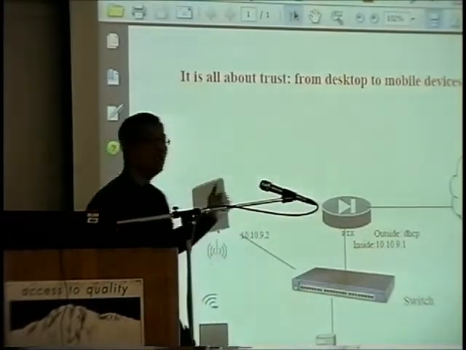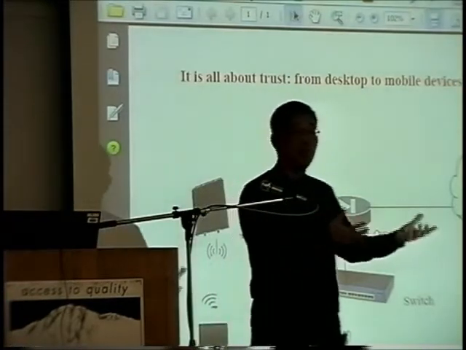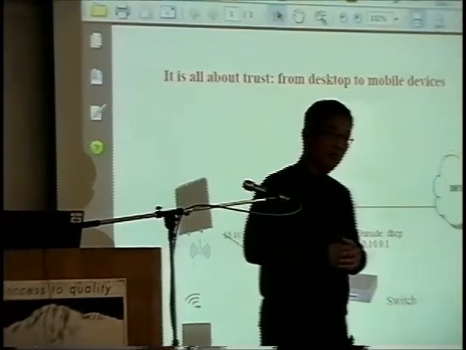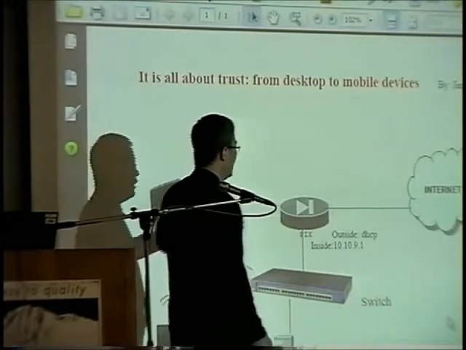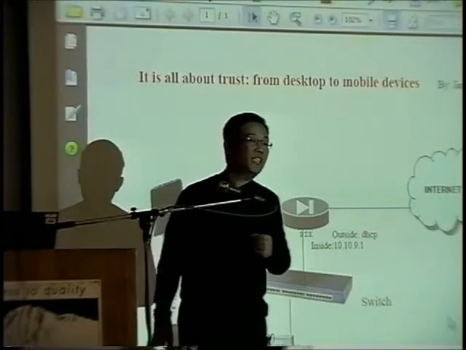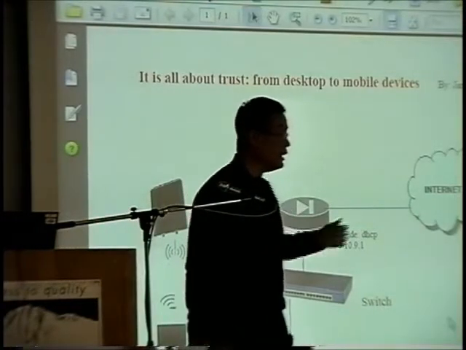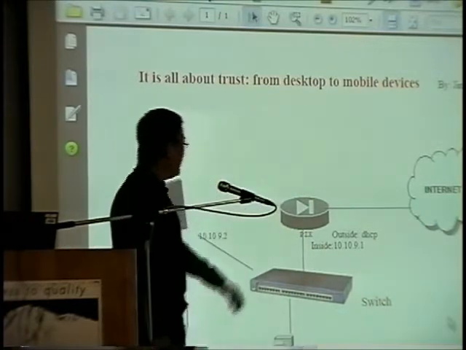The device will claim they are this host name, with this IP address. But is it true? Then we're going to cover the concept of certificate and see if it is strong enough so that they cannot deny that it is really who they claim they are. So that's the first part.